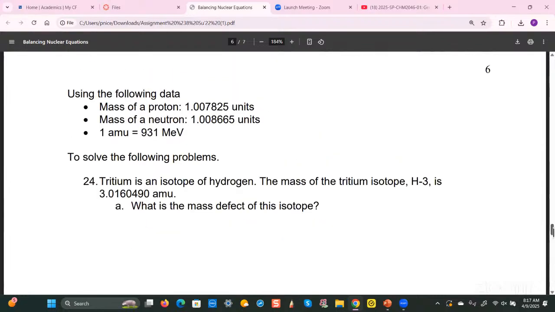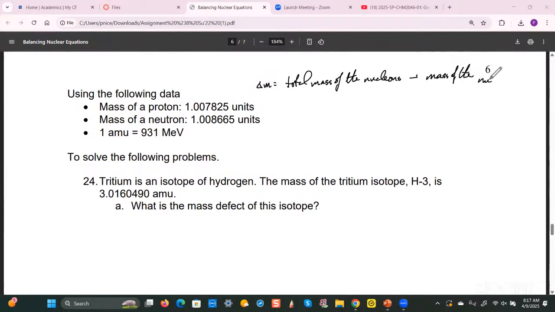So let me just remind you what these different terms mean. The mass defect, represented by delta M, is basically the total mass of the nucleons in the nucleus minus the mass of the nucleus.